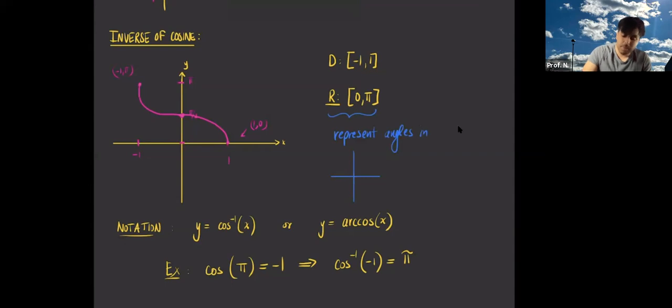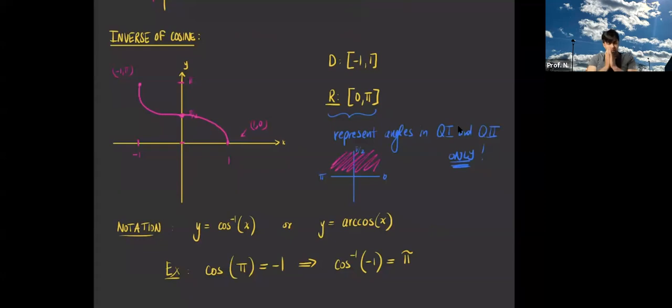From 0 to pi, this represents all the angles in quadrant 1 and quadrant 2 only. So the inverse of cosine produces angles that are in quadrants 1 and 2. The inverse of sine produces angles that are in quadrants 1 and 4.